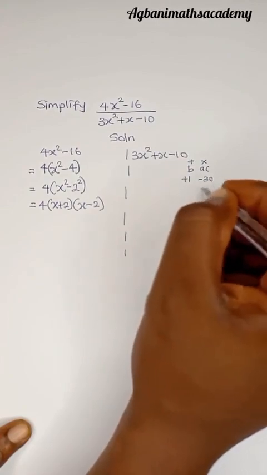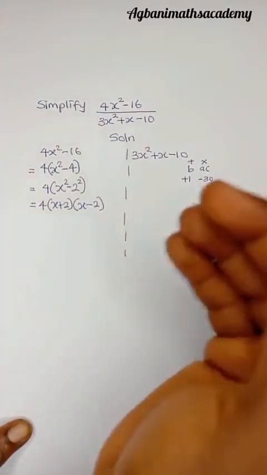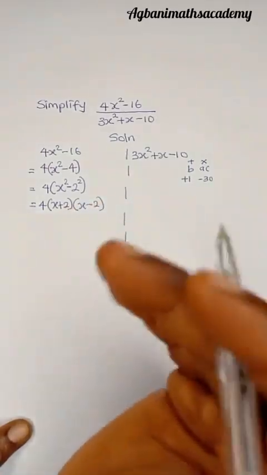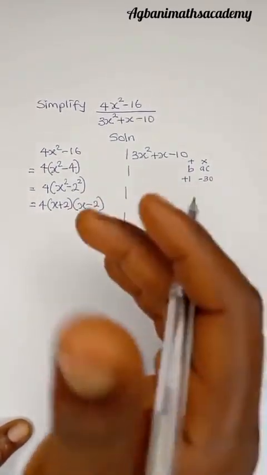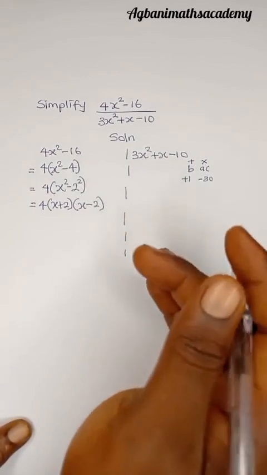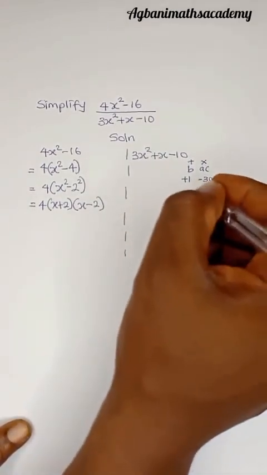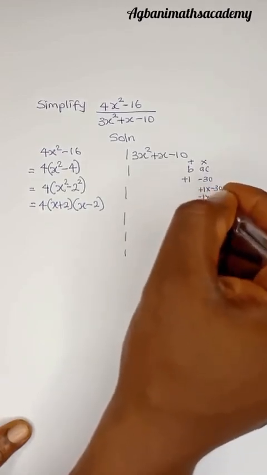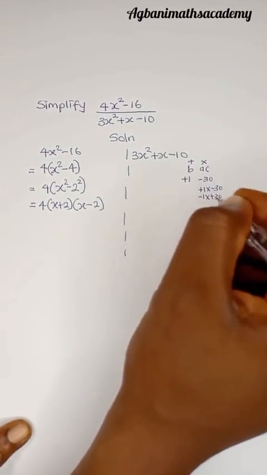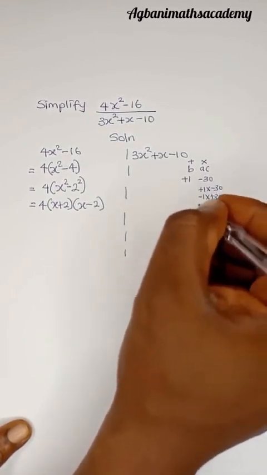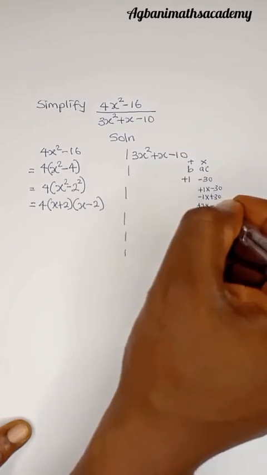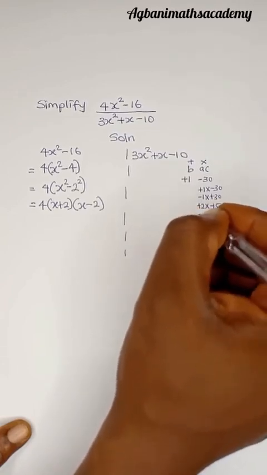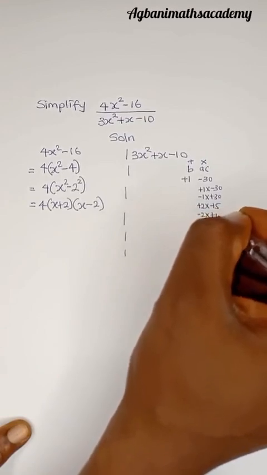Let's look at the values here. Let's try to break down values that can multiply to give us minus 30. We have plus 1 times minus 30, minus 1 times plus 30. They both will give us minus 30. We also have plus 2 times minus 15 and minus 2 times plus 15.